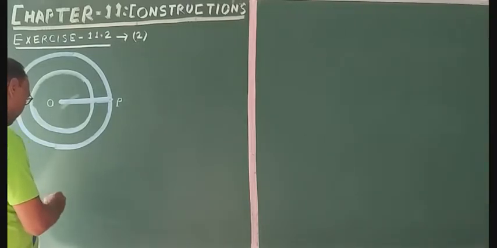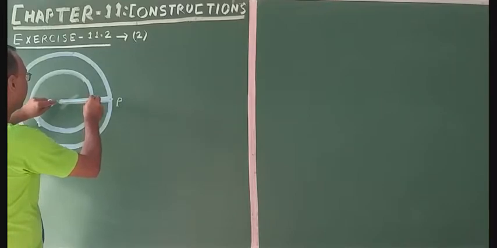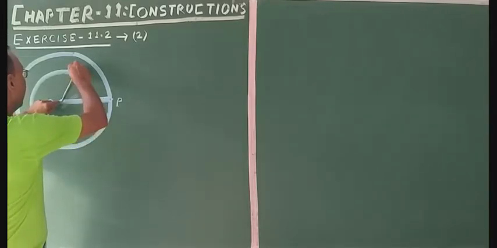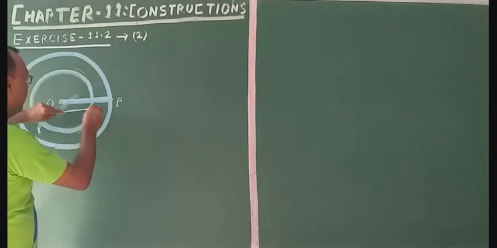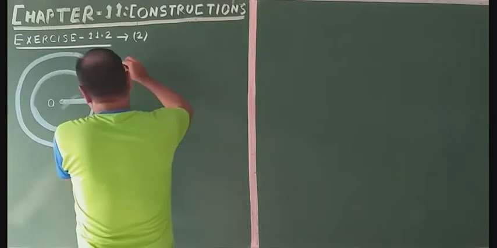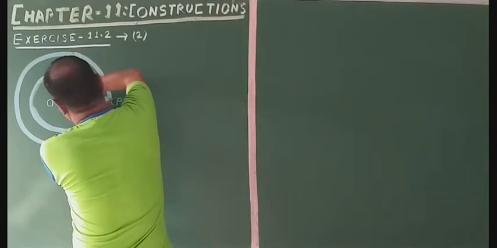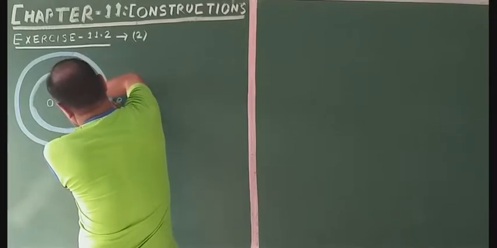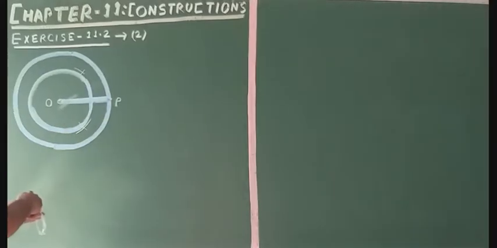So in what way will we get the midpoint? We will take more than half radius. In this way we will cut off the arcs, and then we will join them.